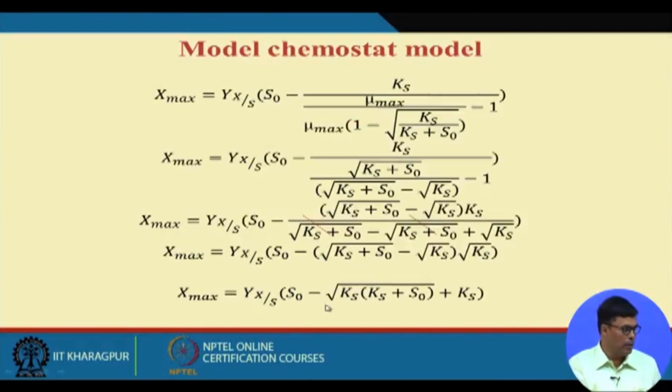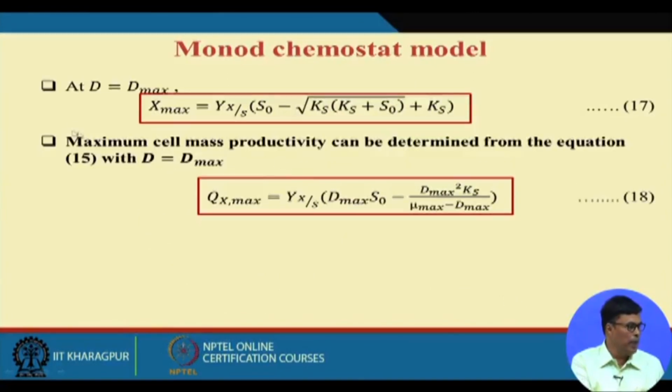And finally we come across this x max value, and at D max we derive this equation: x max equal to Y x by s, S0 minus root over Ks into Ks plus S0. The maximum cell productivity can be determined by the equation D equal to D max. Now you multiply D with the D max, we will get this equation.